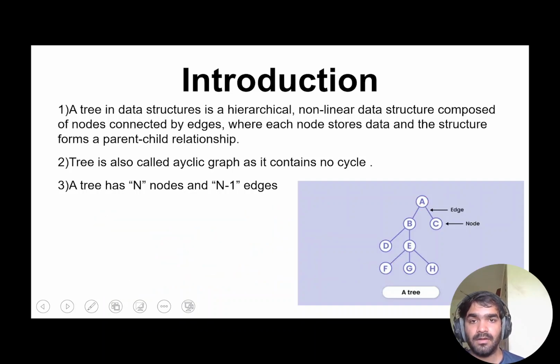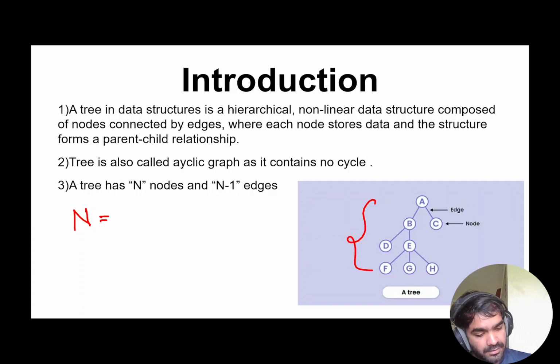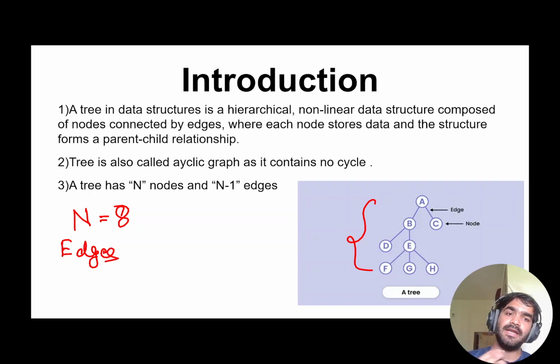A tree, let's come to the relationship between the number of nodes and the number of edges. Always a tree would have n nodes. Let's say in the example I have given, the number n is 1, 2, 3, 4, 5, 6, 7, 8. N is 8. As we do not contain any cycles, the edges that connect 2 nodes would always be 1 less than the number of nodes.